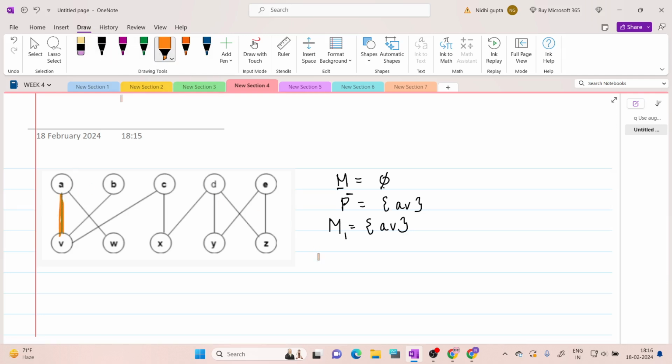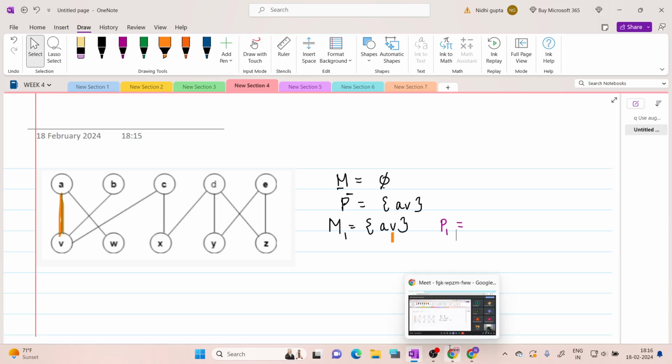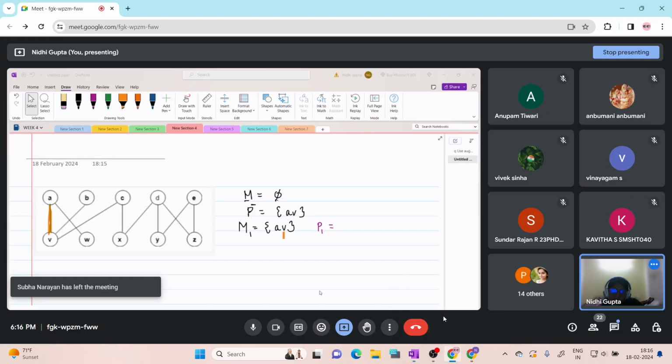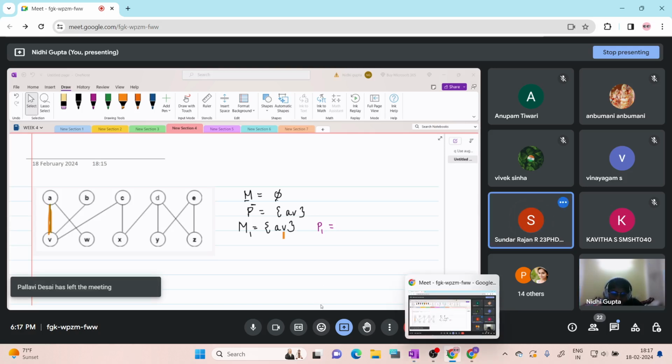Now if my matching is AV, give me an augmenting path with respect to AV. What is an augmenting path? It should start with an unmatched vertex and end with an unmatched vertex. Yes.